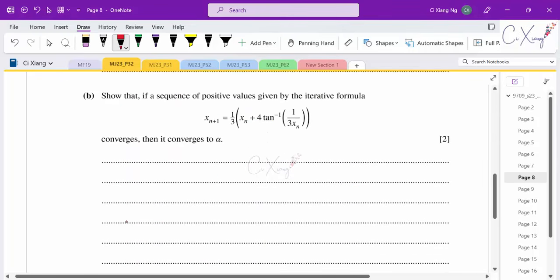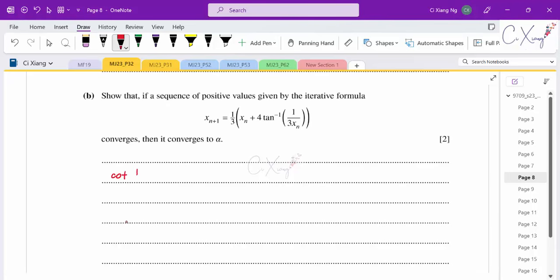You might need to do a little bit of drafting before you can write out the complete solution here. So I have cotangent half x equals 3x. I realize that there is a tangent in my iteration formula, therefore I want to change my equation in terms of tangent. So I have 1 over tangent half x equals 3x.